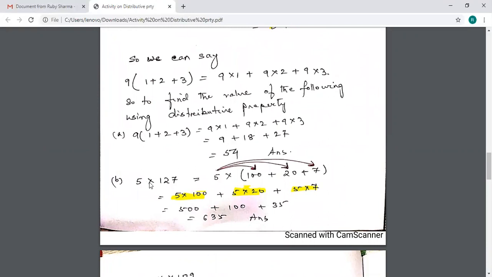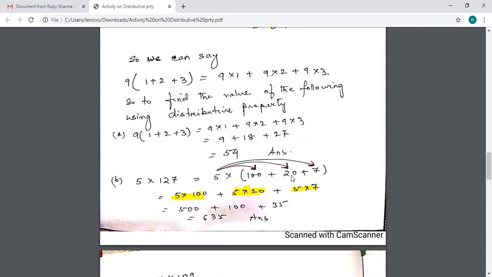Now another sum, suppose 5 into 127. Now how is the distributive property helpful here? See, without complicated calculations, we straight away write 5 into. Now 127, you can write 100 plus 27 also. But again, with 100, calculation will be easier, but with 27, the same problem of calculation will be there. So what I did is I divided 127 in this manner.